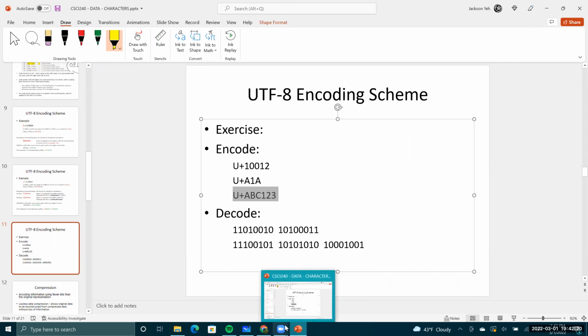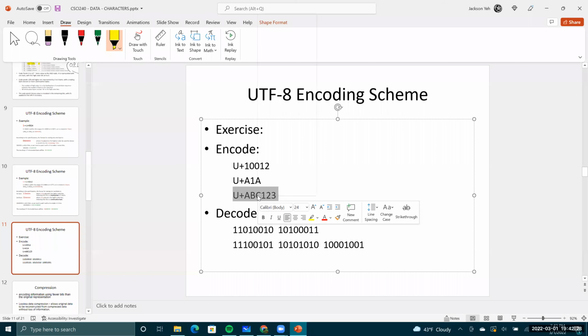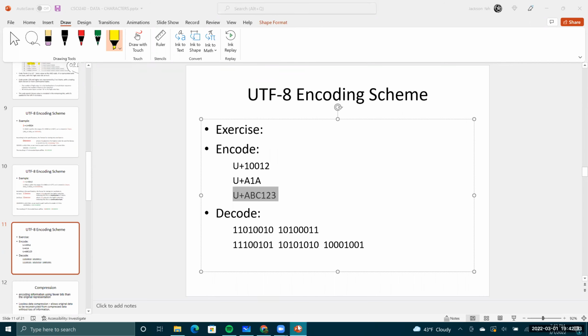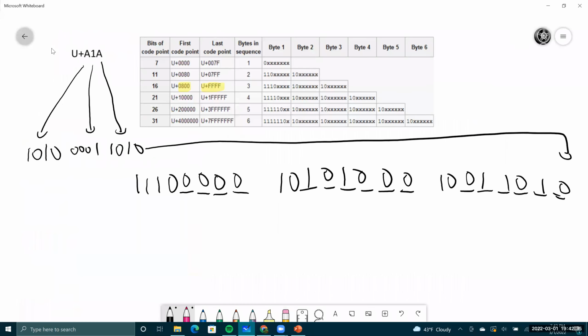All right, so let's do a couple more exercises. I'm convinced you guys know how to do this. So one last one: we'll convert this ABC123 into UTF-8 encoding for zeros and ones.